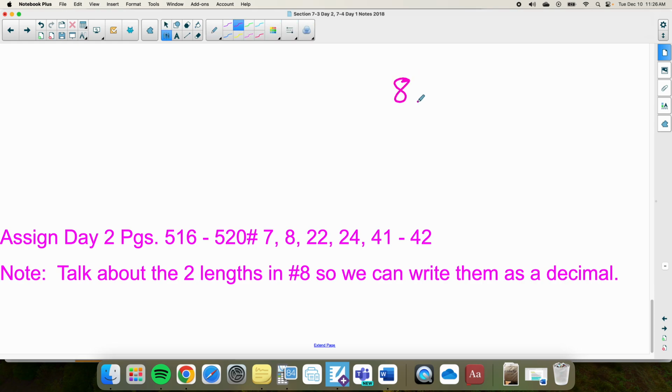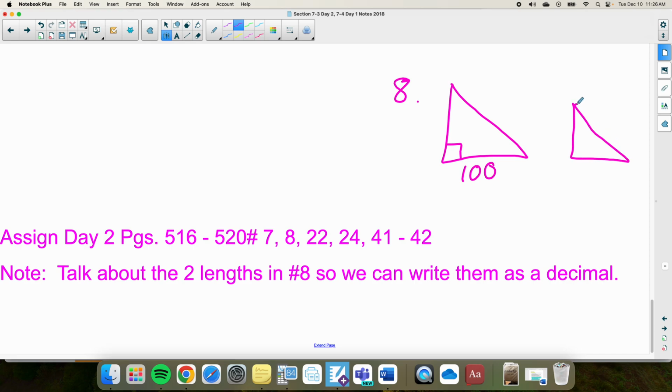Number 8, you're going to have a cell phone tower that has a 100-foot shadow. And then at the same time, you have a 4 foot 6 inch post near the tower.